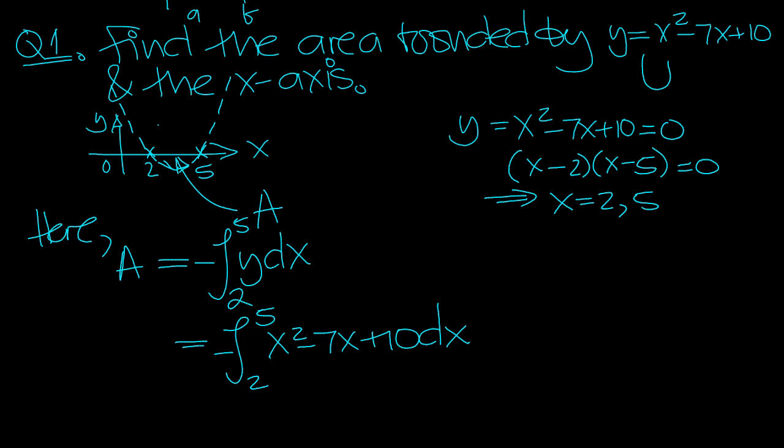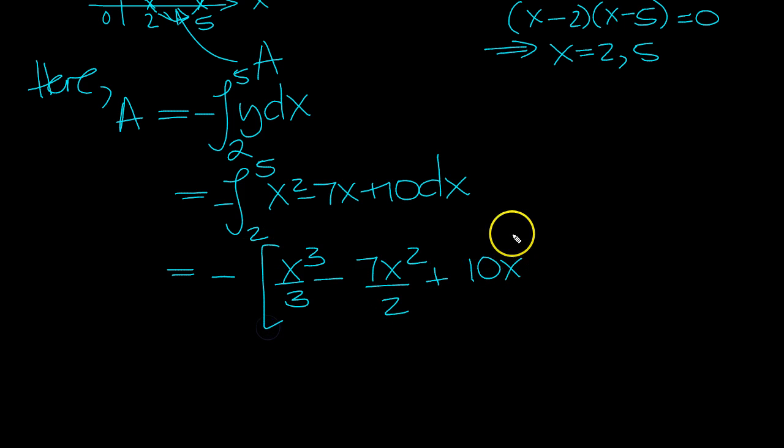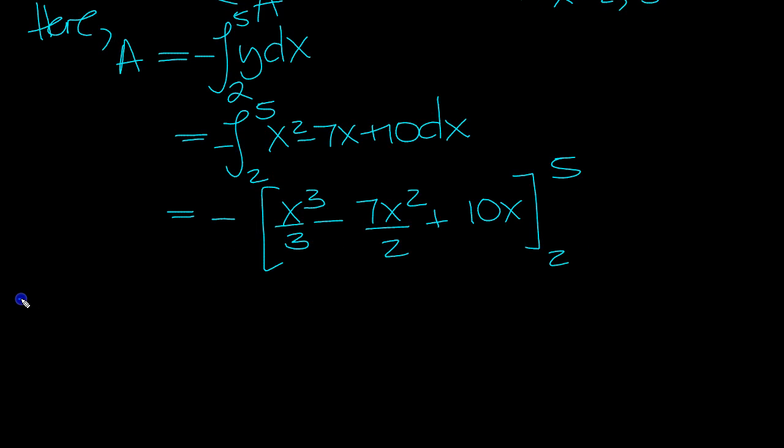Let's worry about the process now. x cubed over 3, minus 7 x squared over 2, and the constant integrates to a constant times x. It's a definite integral between the bounds 2 and 5, and the minus is at the front. So what have we got? We get minus top value take bottom value.